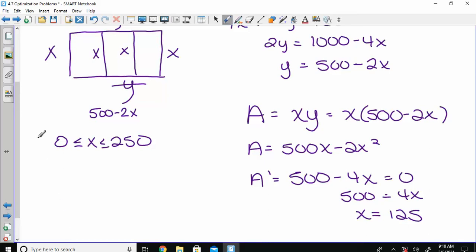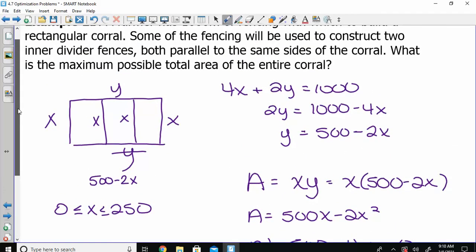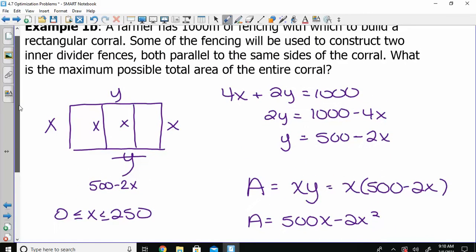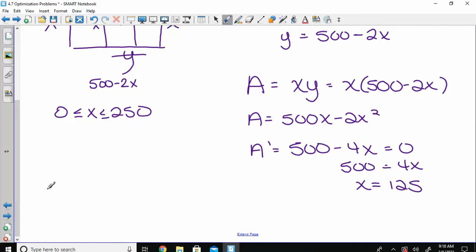So then to answer the question, we just wanted the maximum area this time, not the dimensions. I wanted the area itself. So you need to plug your 125 into your area equation.